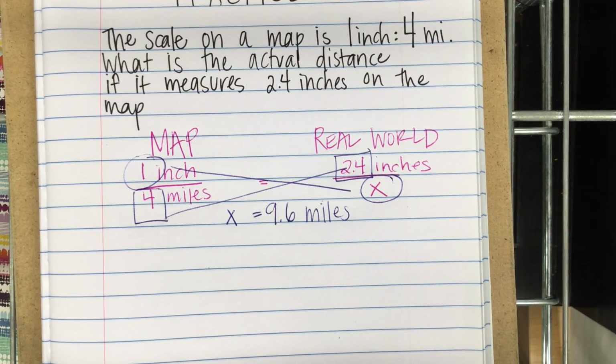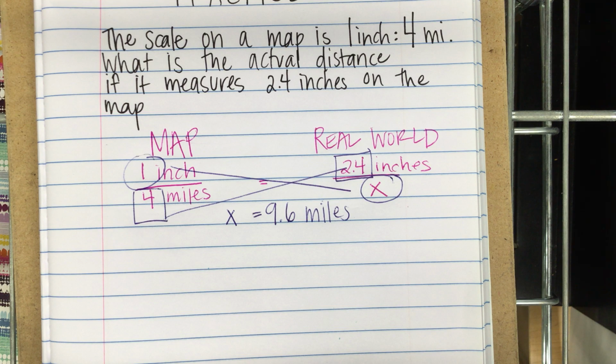So on my map, if 1 inch made 4 miles, and those two cities are 2.4 inches away, in real life they're 9.6 miles away. You mean miles? Yeah, miles, sorry.